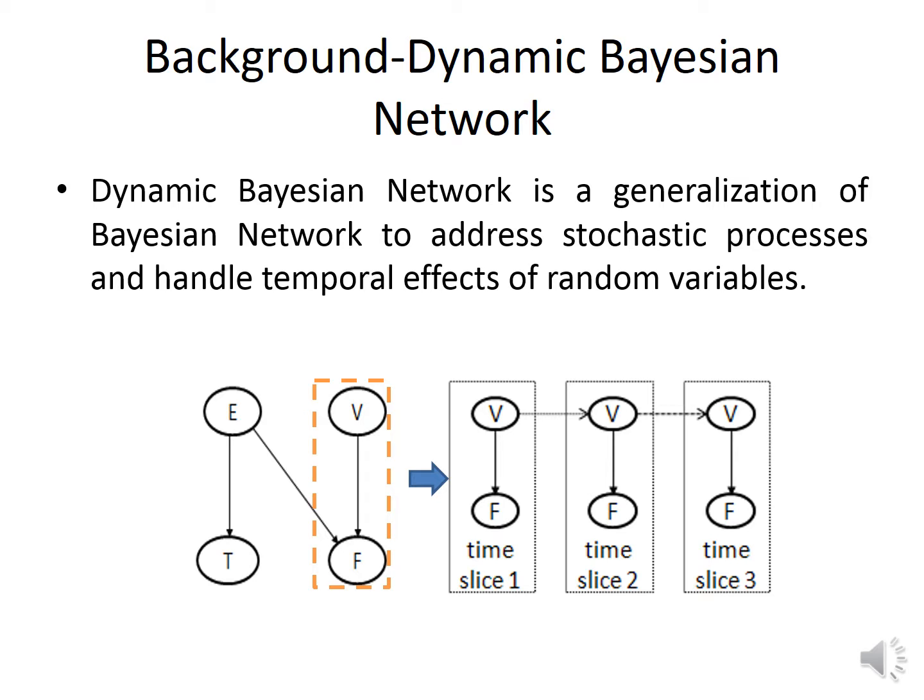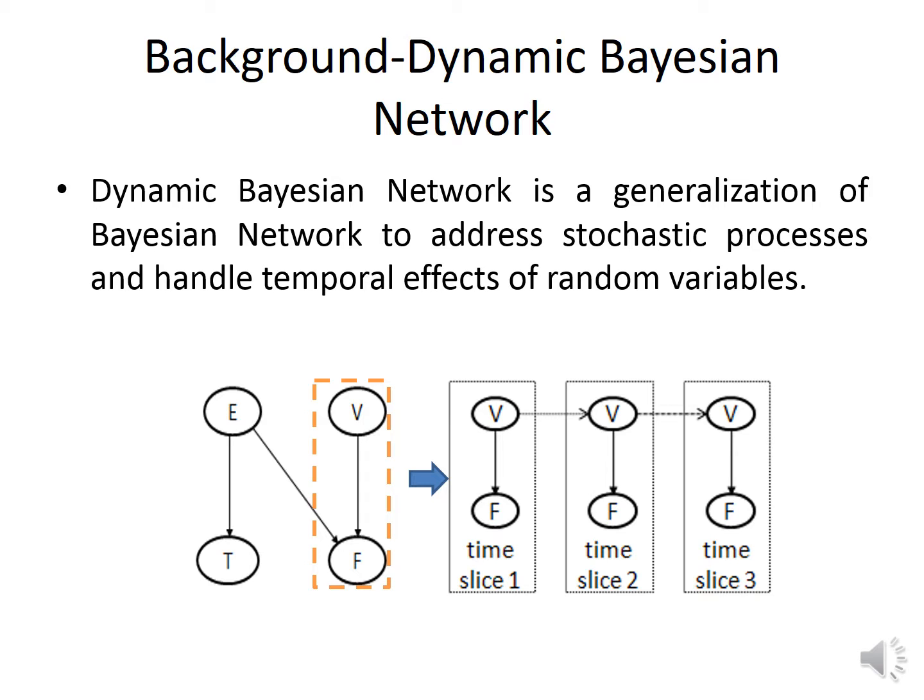And we can extend it to 3 time slices. For example, if today the volcano happens, then the fire is on. And there is a high probability that tomorrow the volcano is also on and the fire is on. This temporal relationship is captured by the dynamic Bayesian network.